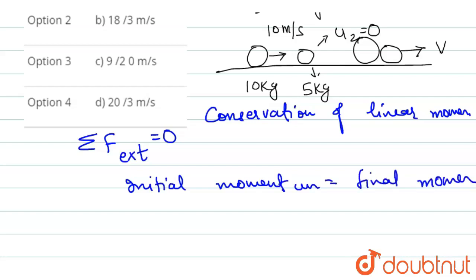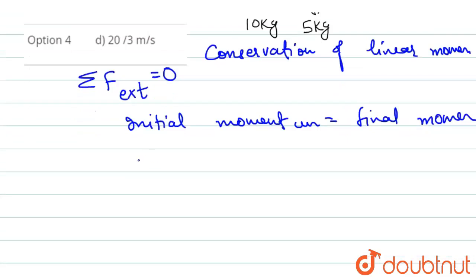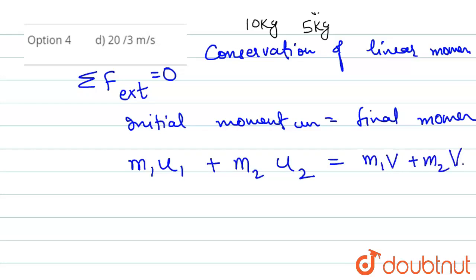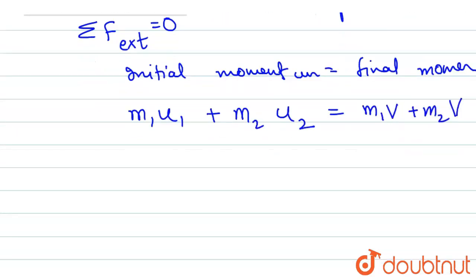The initial momentum of the system will be, for the first body, m1 u1, for the second body, m2 u2, and the final momentum is m1 v plus m2 v, because both the bodies acquire the same velocity.